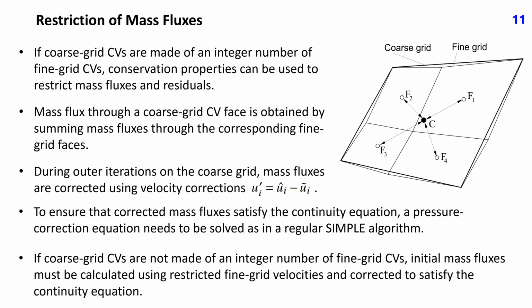To ensure that corrected mass fluxes satisfy the continuity equation, a pressure correction equation needs to be solved as in a regular simple algorithm. If coarse grid control volumes are not made of an integer number of fine grid control volumes, initial mass fluxes must be calculated using restricted fine grid velocities and corrected to satisfy the continuity equation.